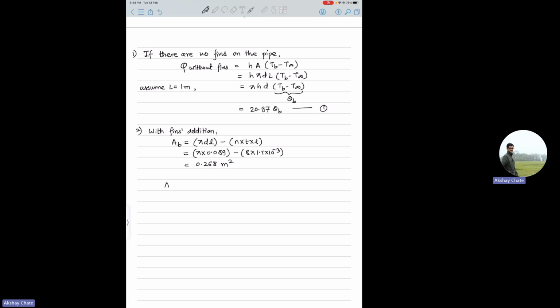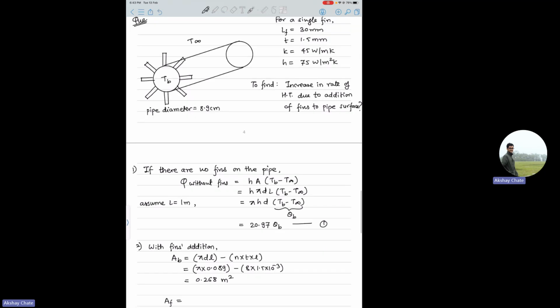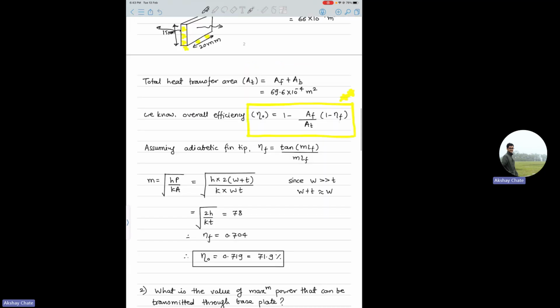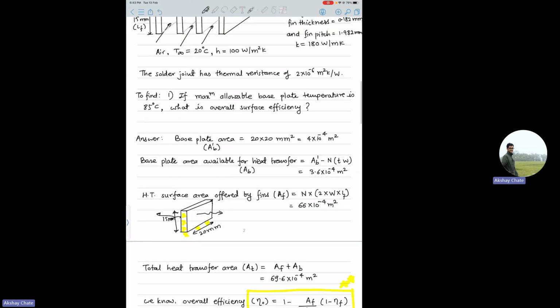Now what is your fin? I am using same nomenclature. Okay, so A_B in the last question we used for base plate area for heat transfer without fins, and now fin surface area is again same, N into 2 into W into L_F.